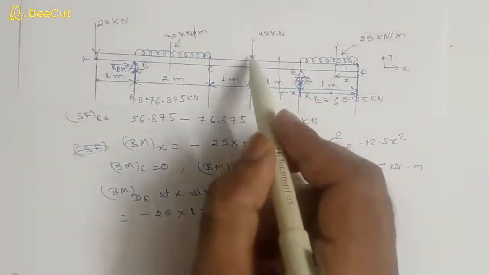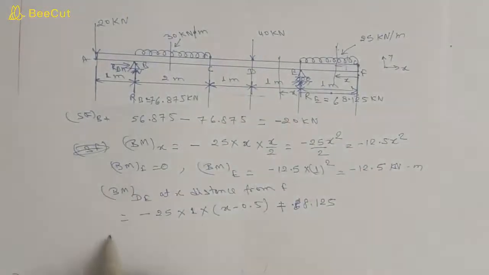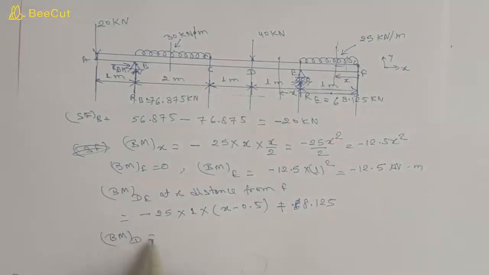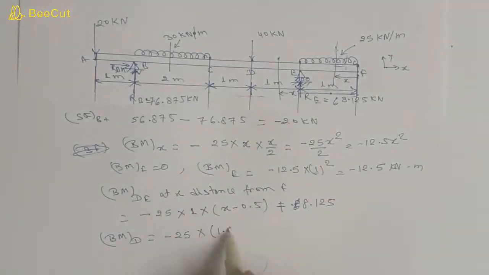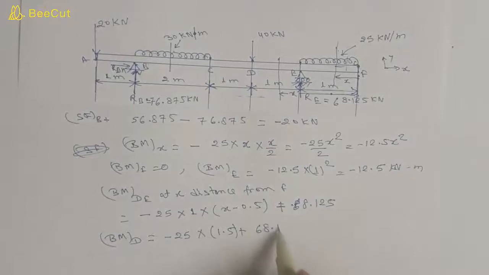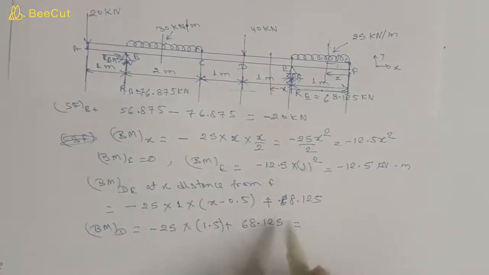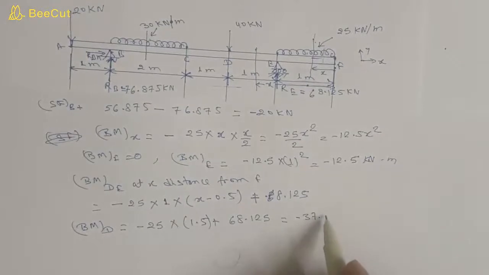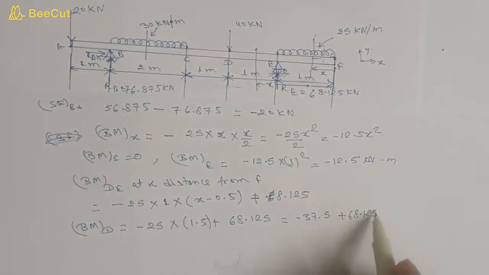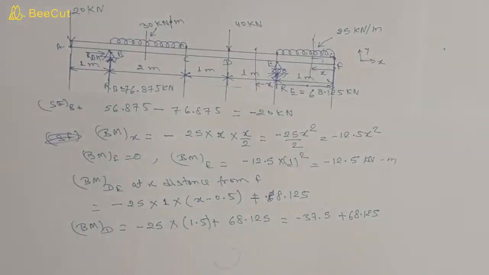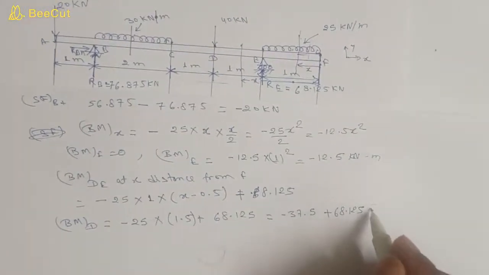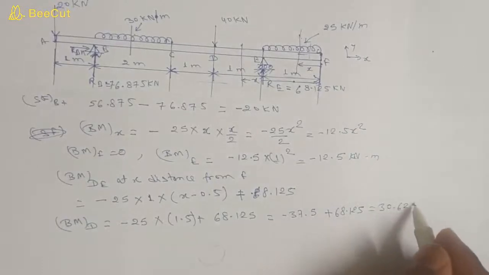And if you want to calculate the bending moment at point D, it is equal to minus 25 into x, which will become 1 plus 1, 2, minus 0.5, equal to 1.5, plus 68.125. So it will become minus 25 into 1.5, which is 37.5, plus 68.125. So you will get 30.625 positive.